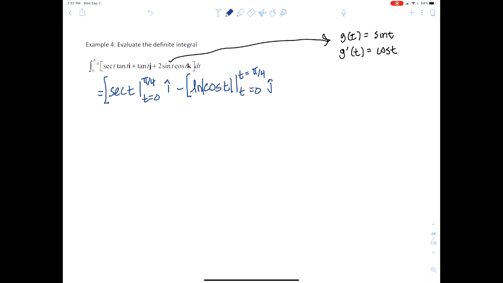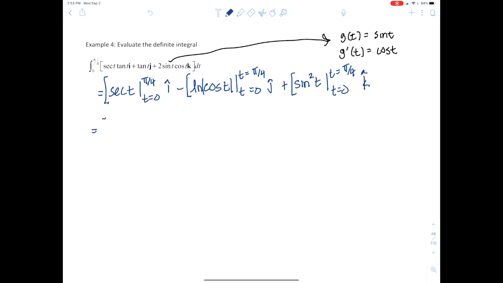So we'll end up getting plus 2 sine squared t over 2, which is just sine squared t, evaluated from t equals 0 to t equals pi over 4. And that's times k. All right, so let's see what we get.